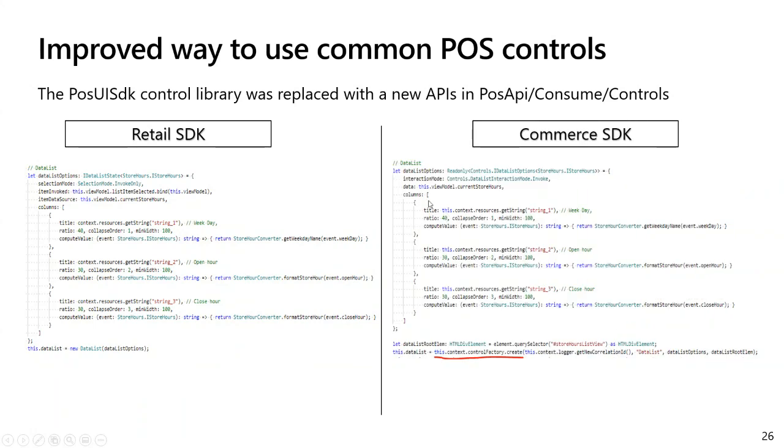You can see the vast majority of the code looks very similar, with just a couple of changes in terms of the creation of the control itself using the control factory create method. All of this is further documented in our docs on docs.microsoft.com. There's an article there dedicated to how to use the control factory to consume common POS controls.